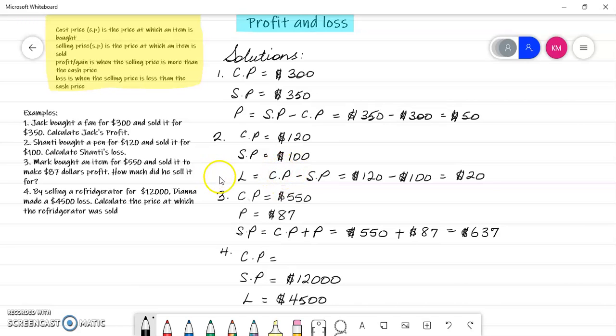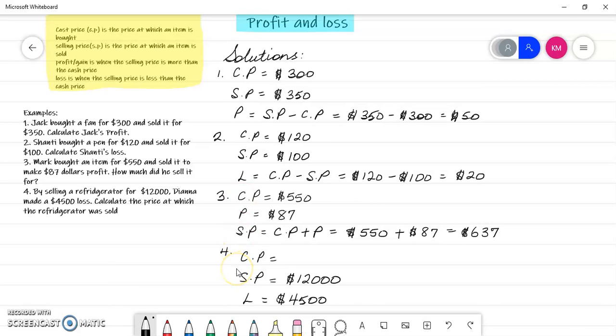So what I can do is I can take my loss and add it to my selling price, and that is going to give me my cost price. So you need to understand how to rearrange your formulas to find whatever is missing.